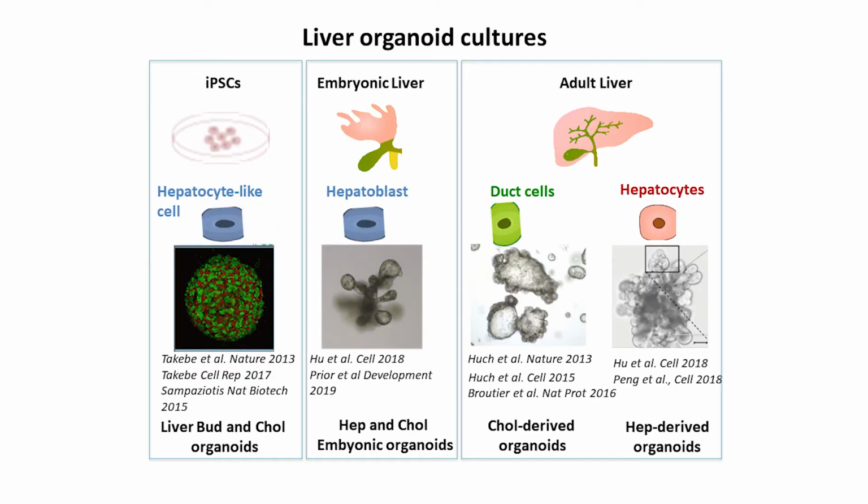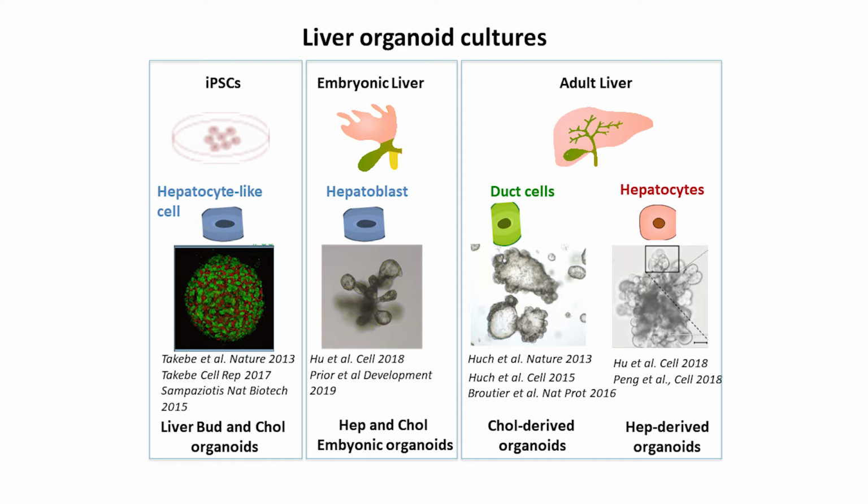I just put that slide, which I think fits with the last discussion, to try to generalize. The liver organoid term has been used for liver buds and also cholangiocyte organoids derived from iPS cells, which came from Takebe's lab and also from Ludovic's lab.